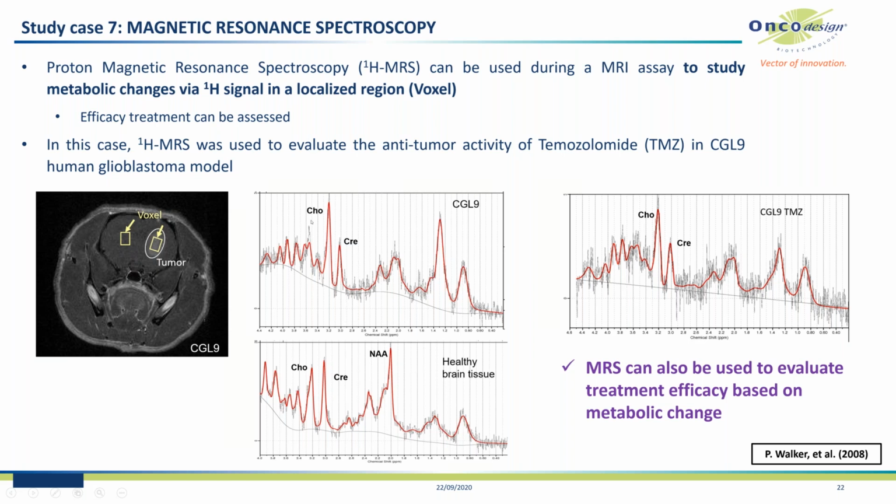Then in the tumor, you have a change in the composition of the tissue, with less creatine and more choline, and also a decrease in the N-acetyl aspartate in this tissue. And then you can follow up the effect of the treatment on the metabolism of the tumor.